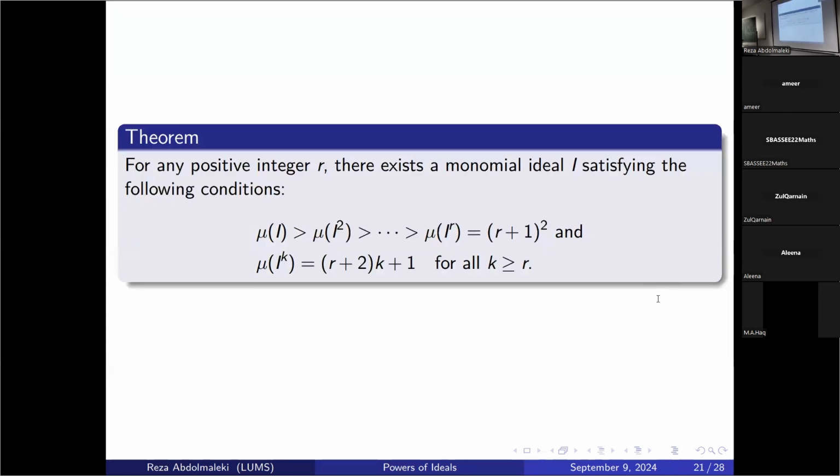We can prove that for any positive integer r, there exists a monomial ideal satisfying these conditions. Mu of I^k is strictly decreasing up to the power r, and from this point on is strictly increasing as a linear function, right?